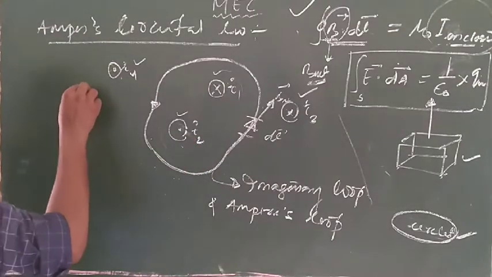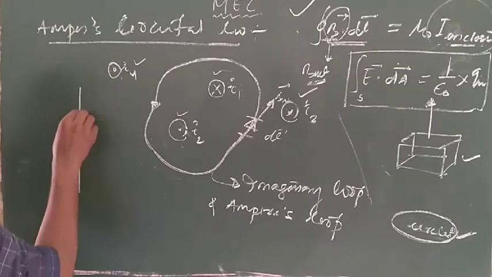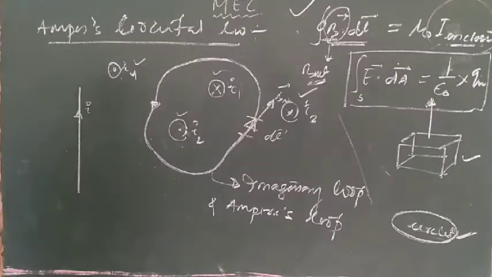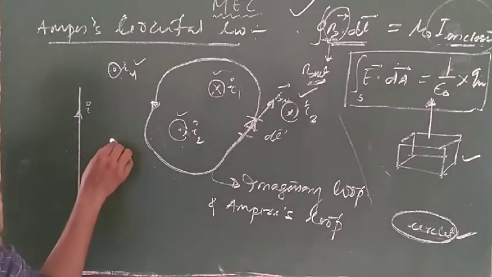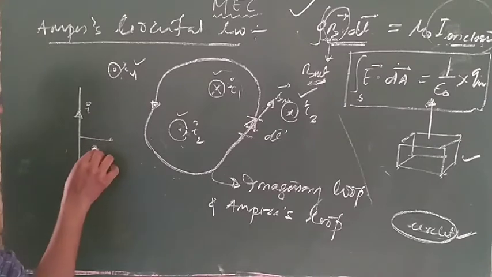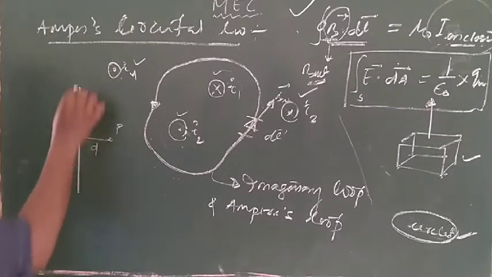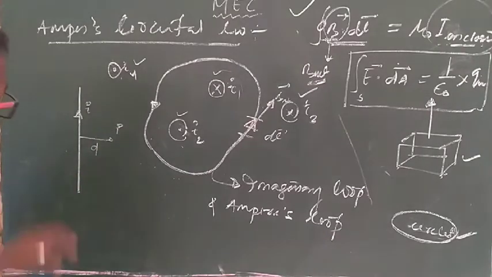Clear? We know that if there is a current carrying conductor with current I flowing through it, then using the right hand thumb rule we can find the direction of the magnetic field at a distance d, and the magnetic field at point P due to this conductor.